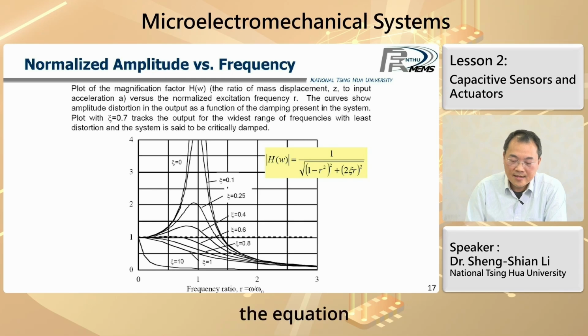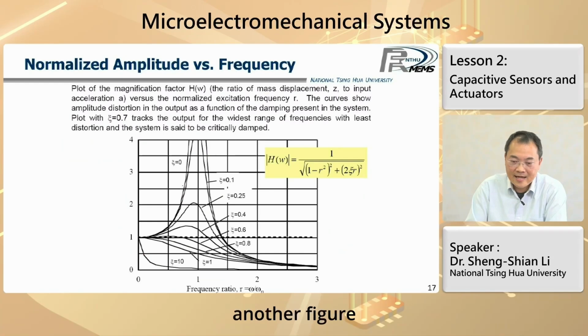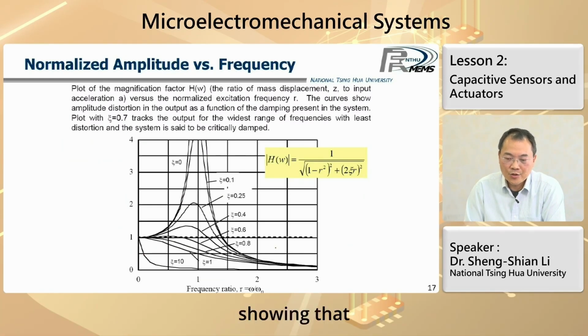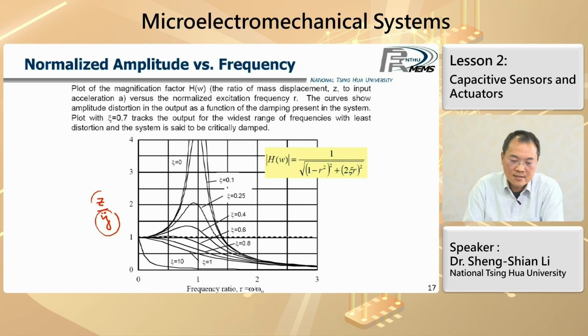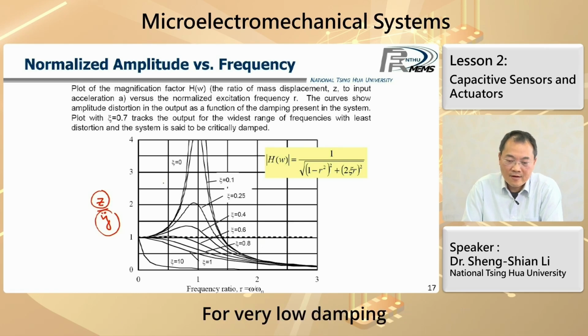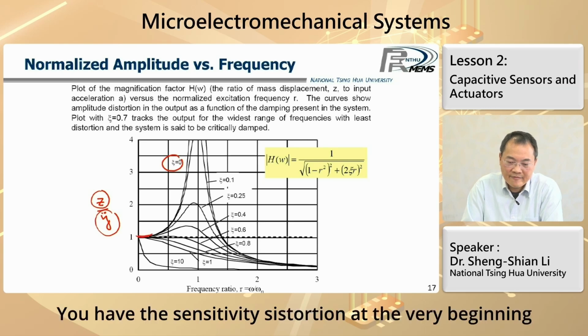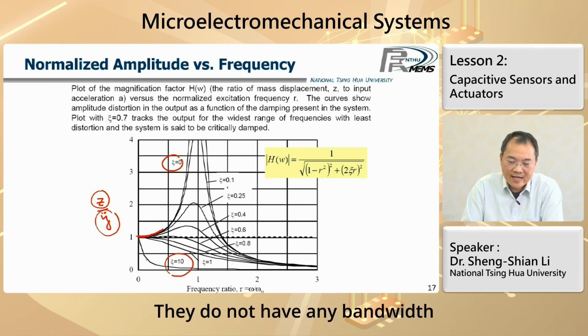Using the equation I just showed, we can plot another figure showing Z over Y double dot, the acceleration of the car to the capacitive gap change. It forms a frequency response like that. For very low damping, not good. You have the sensitivity distortion at the very beginning. But for damping ratio too high, you do not have any bandwidth.